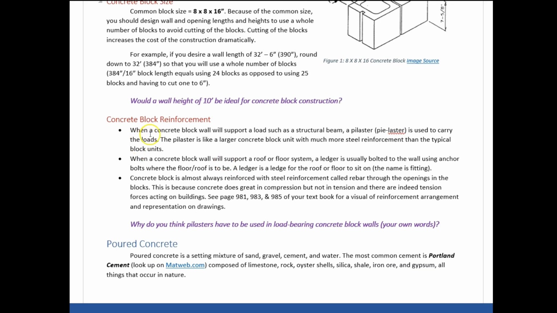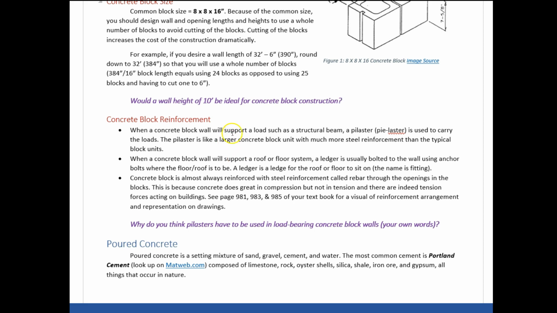Now moving on to concrete block reinforcement, it's very similar to the reinforcement that's used in all concrete systems. You pump the concrete blocks full of rebar so that when tension forces act on the concrete blocks, they're not going to break apart. We want our wall systems to still be strong because the tension forces will come either from wind or loading from the building.